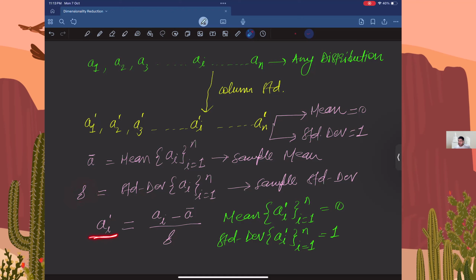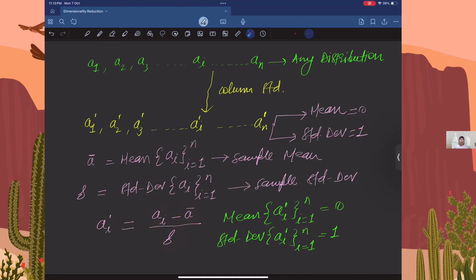Now, what is this A_i dash? I have taken this A_i, that is these values, then minus A bar. This A bar is my sample mean, and this is my standard deviation. So I have used this formula where A_i minus A bar by standard deviation.